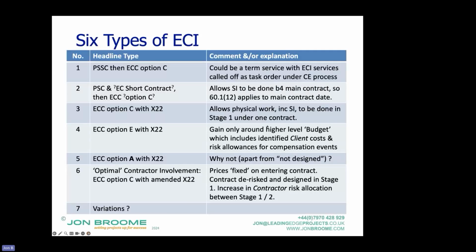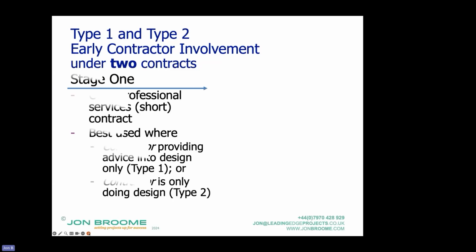So here's the headline types, and I won't dwell on them. Type 1 and type 2 are early contractor involvement under two contracts, and stage 1 is using a professional services contract and paying on a time charge basis.